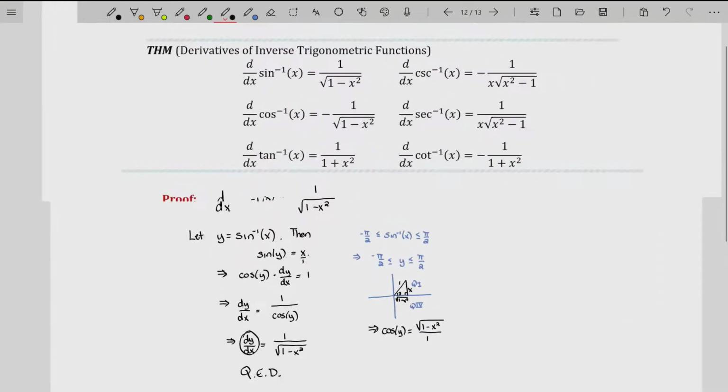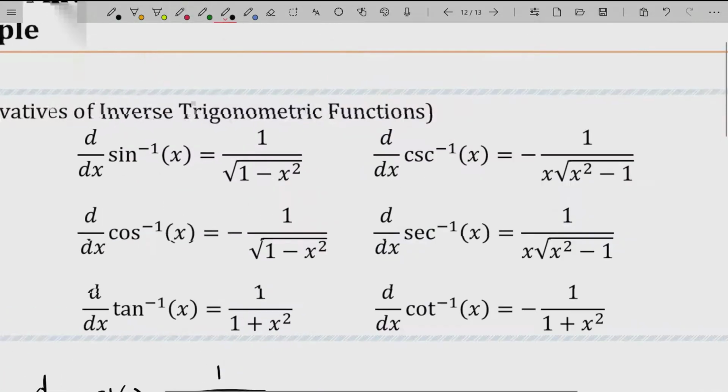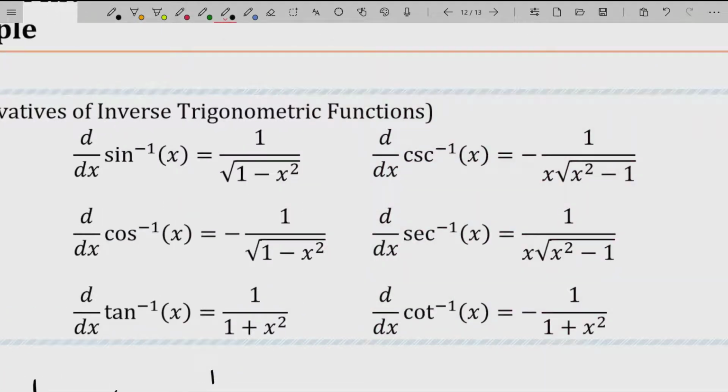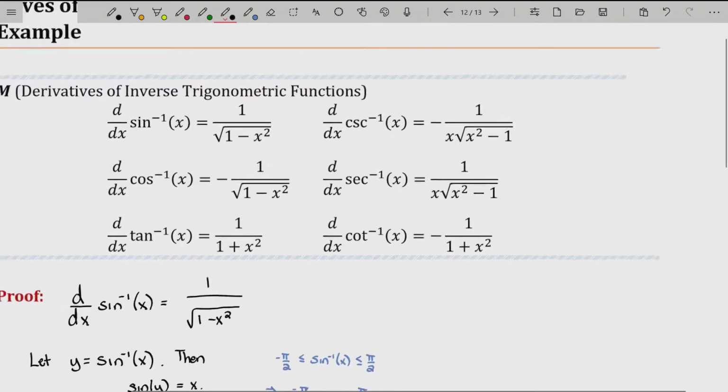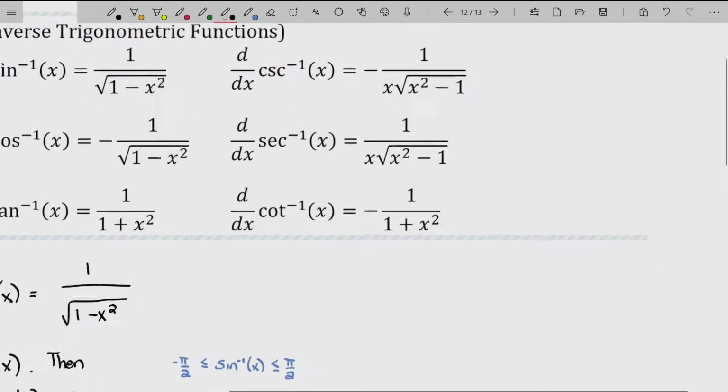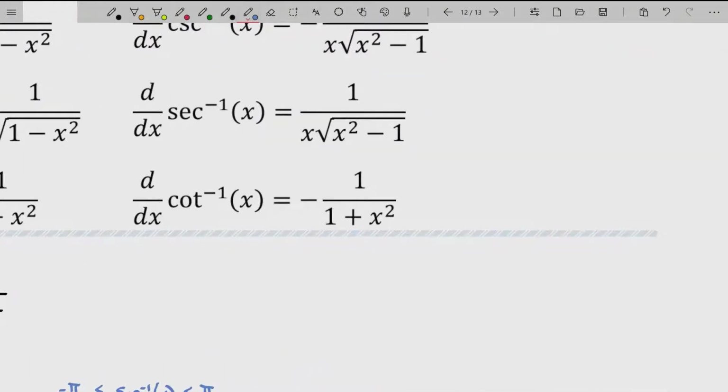And like I said, almost all of them work in a similar fashion. The only oddball is the secant inverse, and that is because in calculus, you're so used to knowing that the cosine inverse of a ratio returns an angle between 0 and pi.